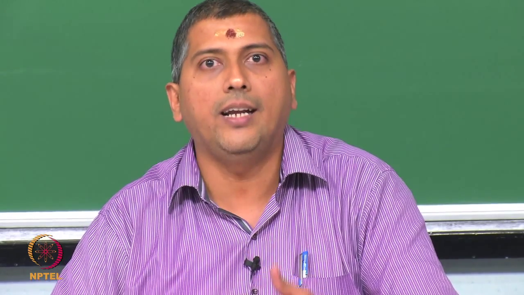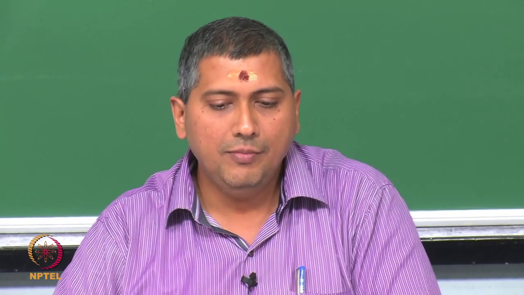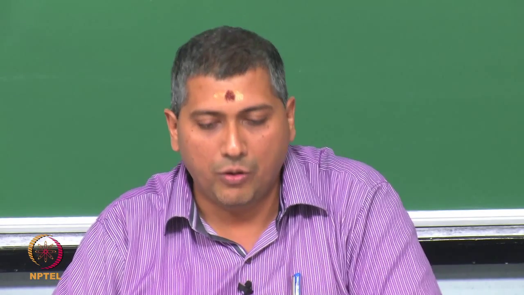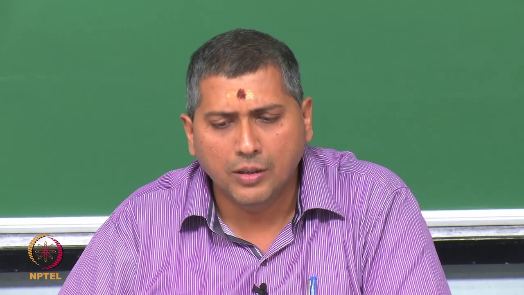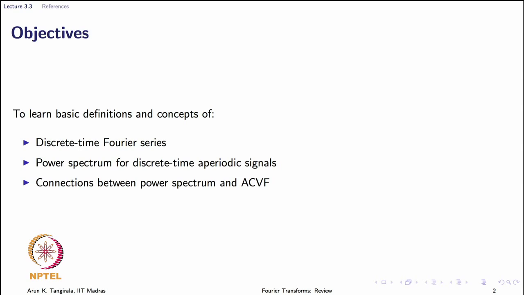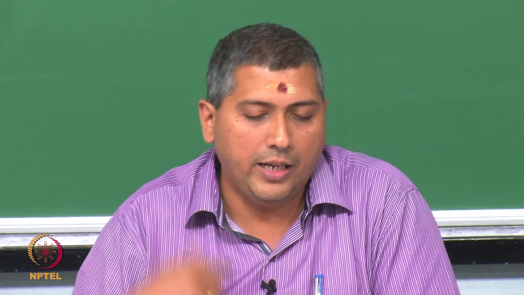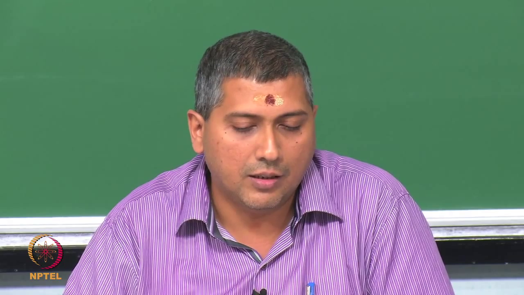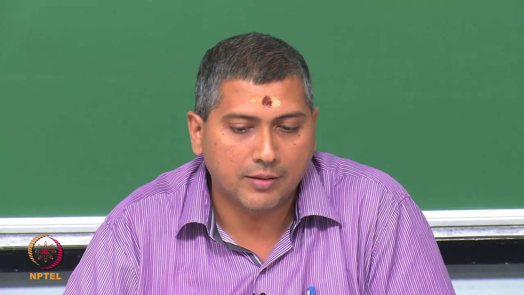So, we are slowly tending to practicality because in practice we are going to deal with sampled data. The discrete time Fourier series is concerned with discrete time periodic signals, as you must have guessed, because we had continuous time Fourier series for continuous time periodic signals. And naturally, now we are going to talk of power spectrum, because recall the analogy for the continuous time case.